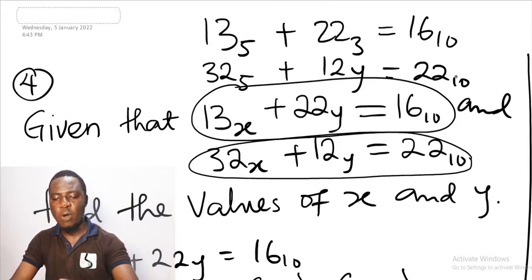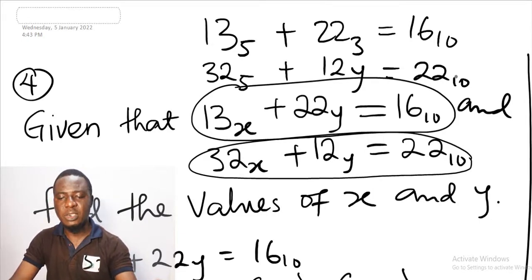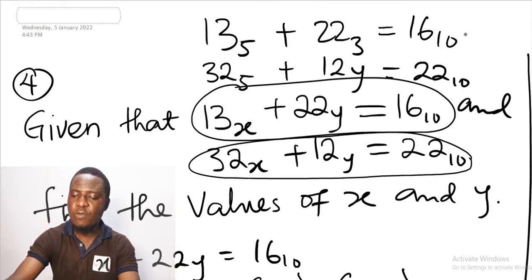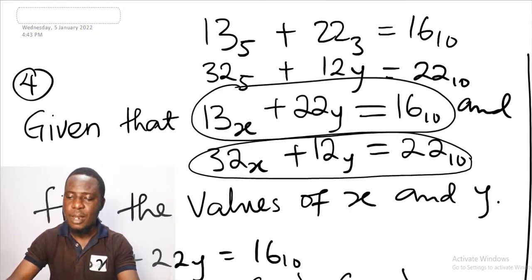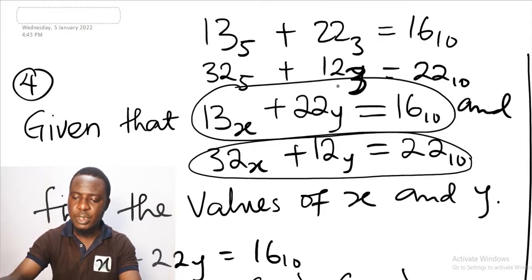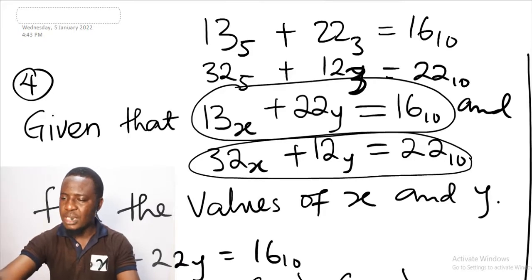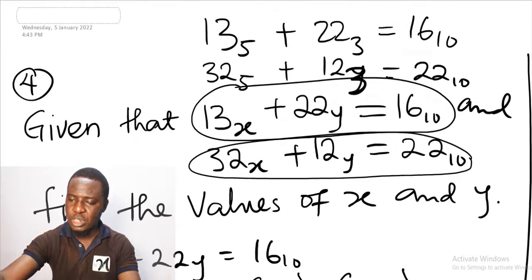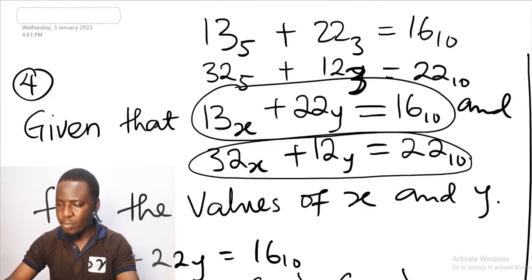You can follow up our lessons on simultaneous equations to see how you can prove this to show that they are both the same. This is base 3, sorry. So that is how to solve equations involving number base systems.